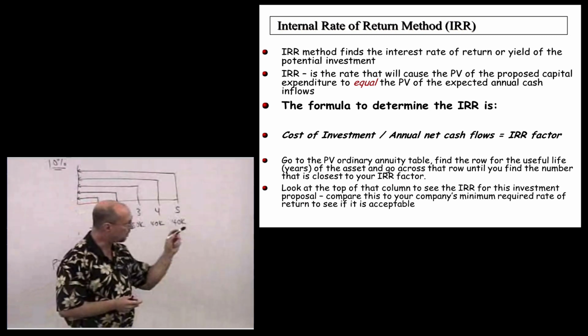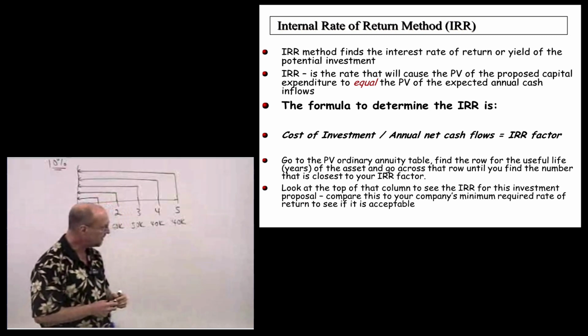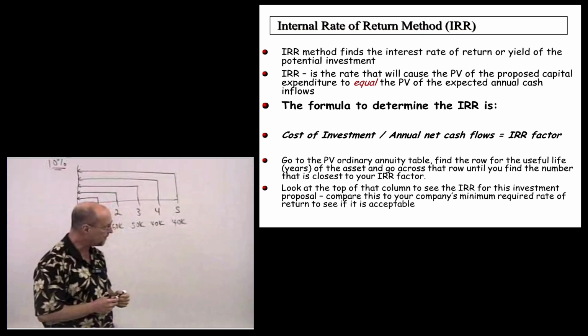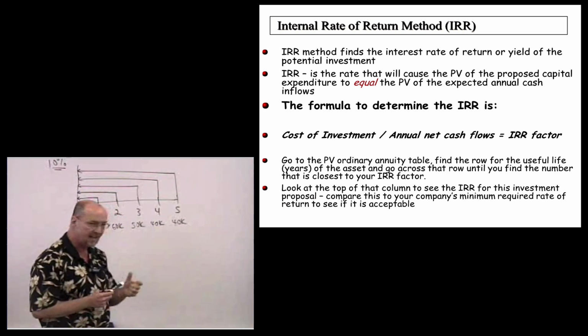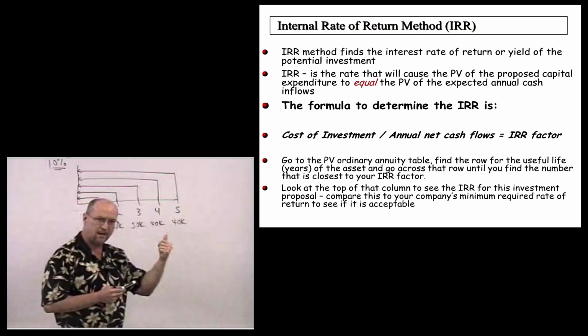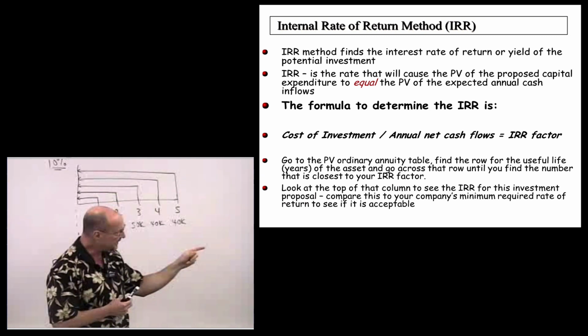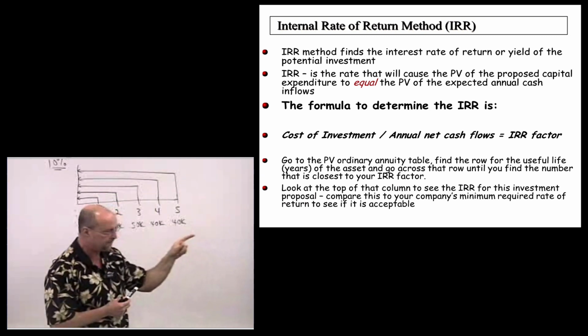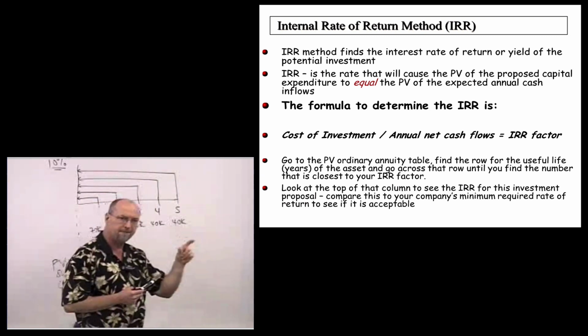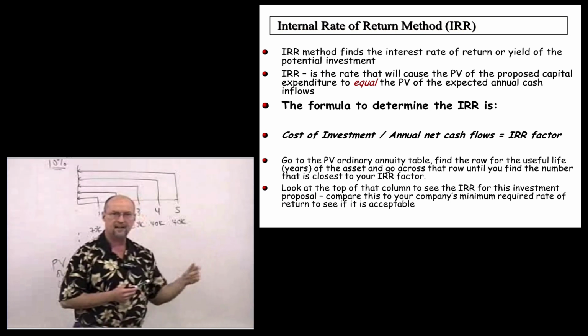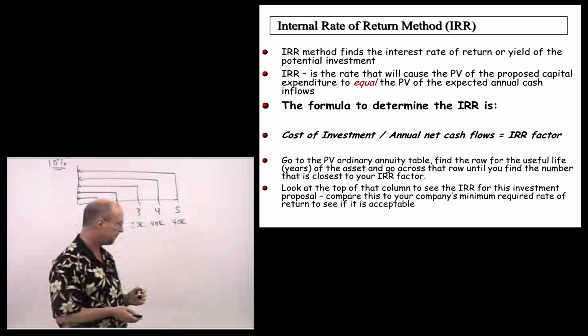So when we take the cost of investment and we divide it by the annual net cash flows, that number, which previously in the cash payback method was the number of years it would take to recover our investment, this number here is our internal rate of return factor, which we're then going to find in the present value annuity table.